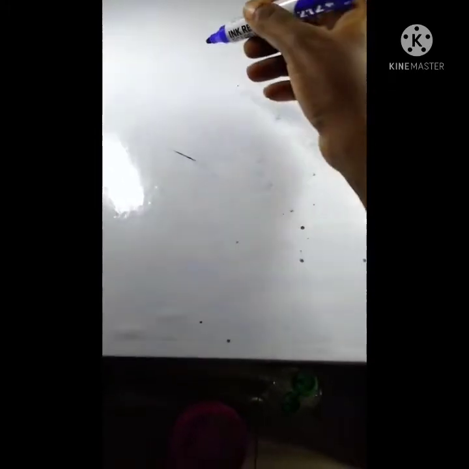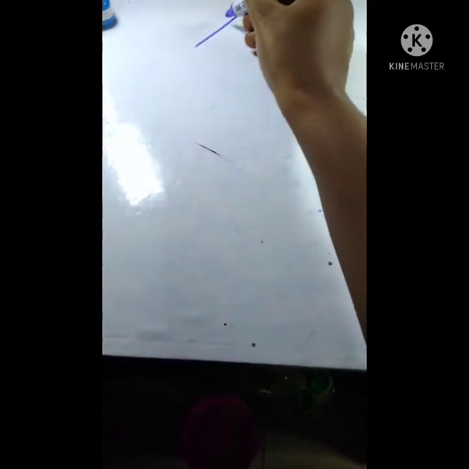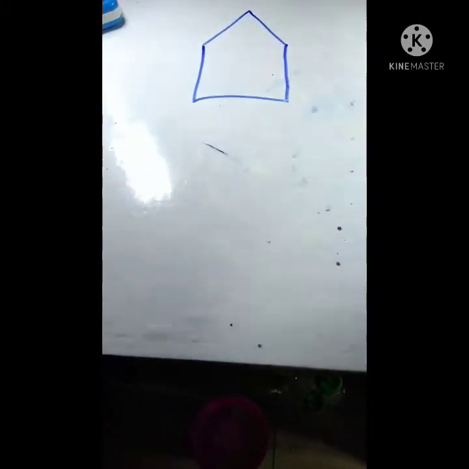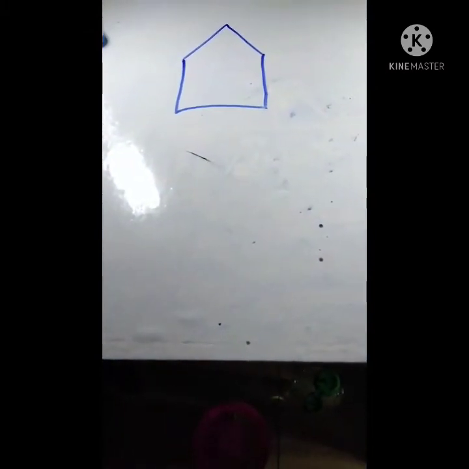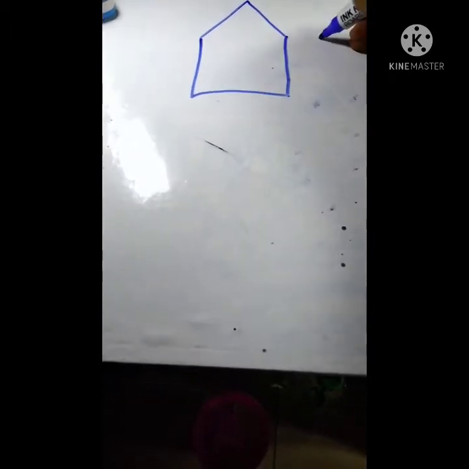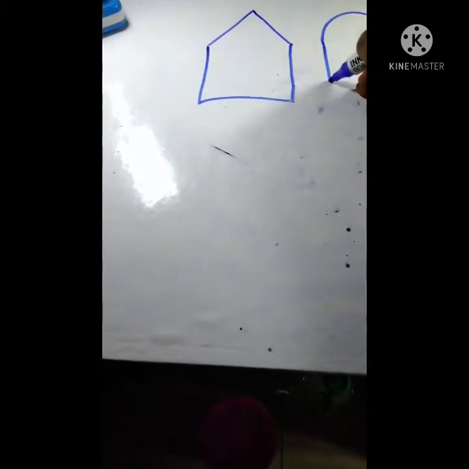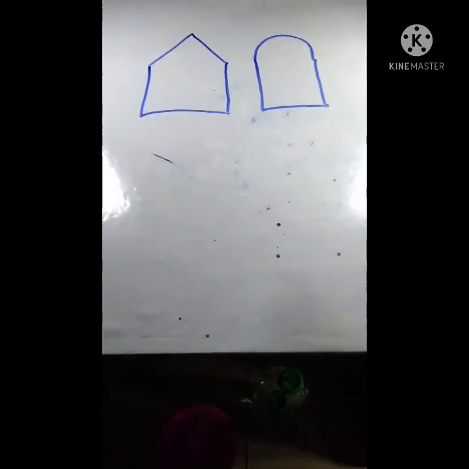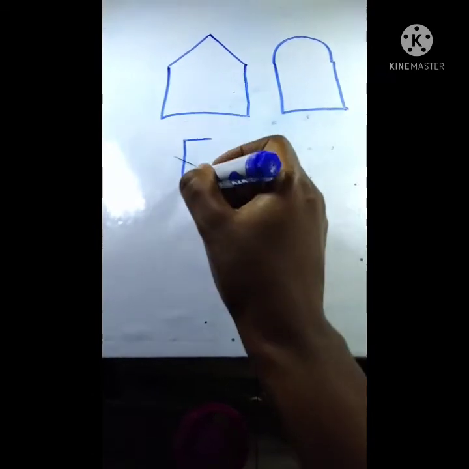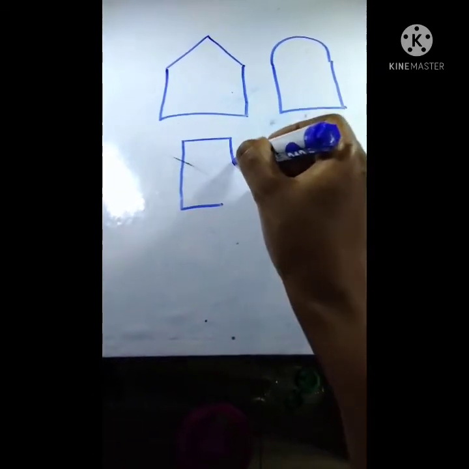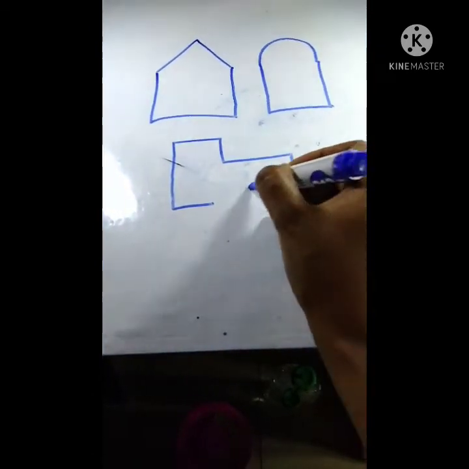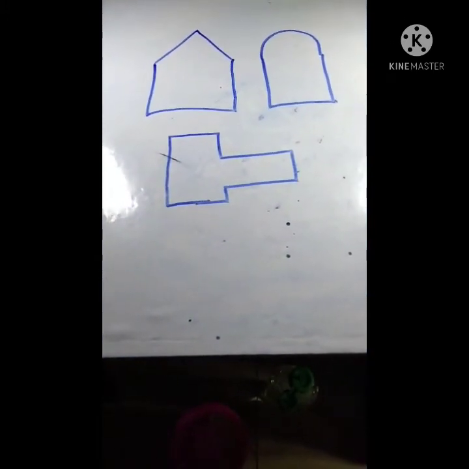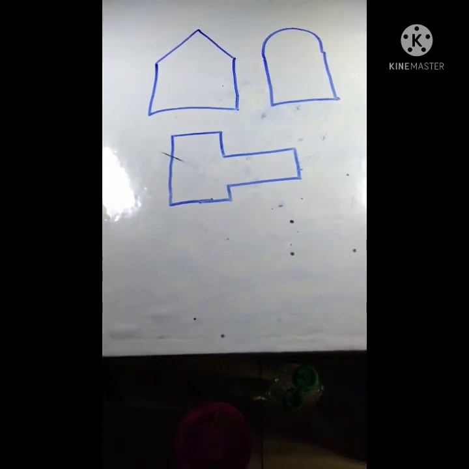For instance, you may have something like this, or something like this, or something like this. So how do you find the areas of different irregular shapes?